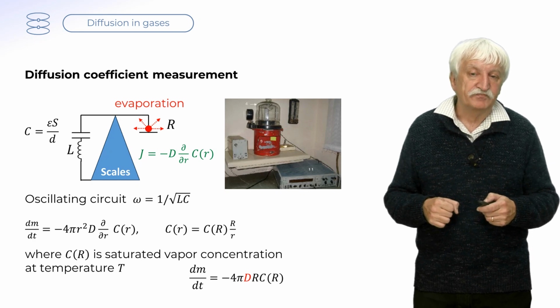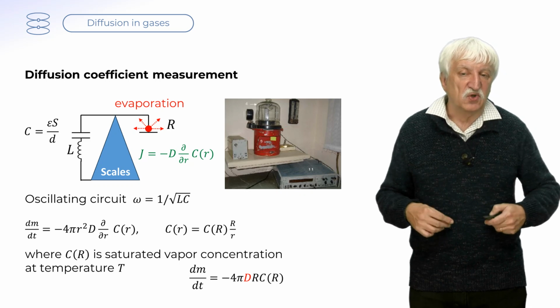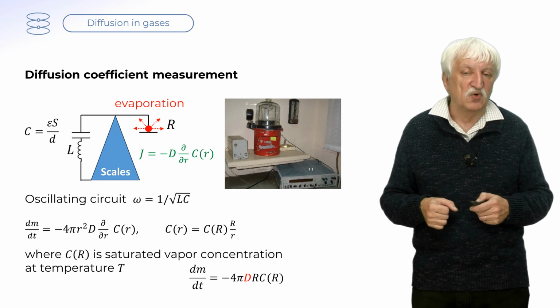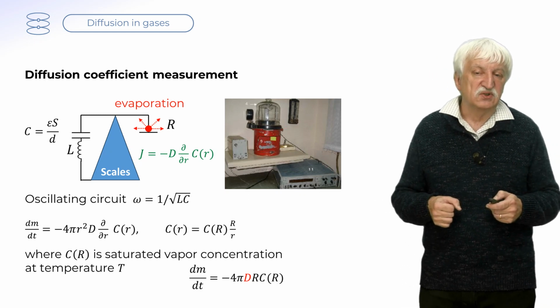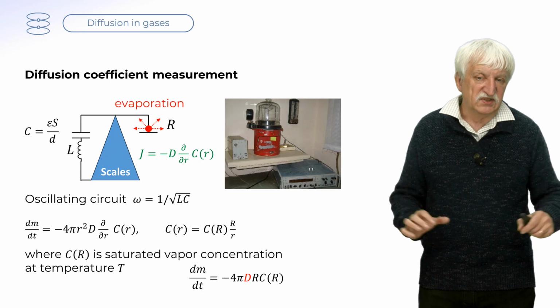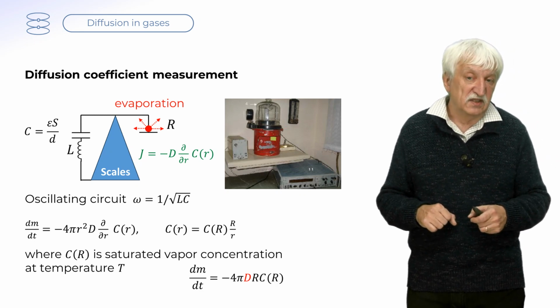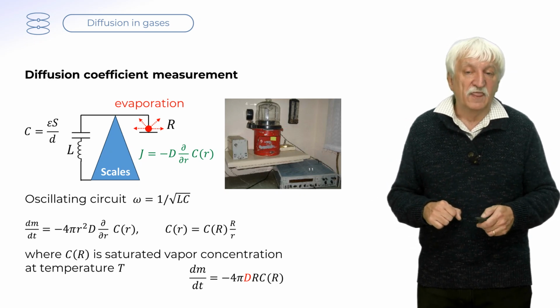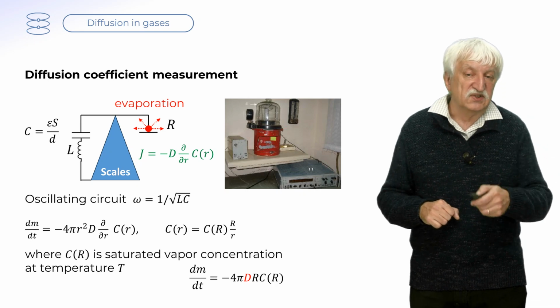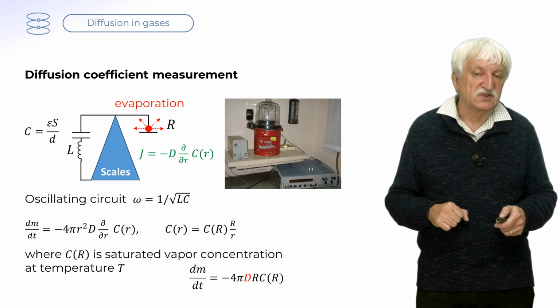So the change of the mass of this drop, dm over dt, is proportional to the surface of this drop times the flux. Using the expression for the flux that we have, we can find a simple expression that this change of the mass of this drop is proportional to the gradient of the concentration C.